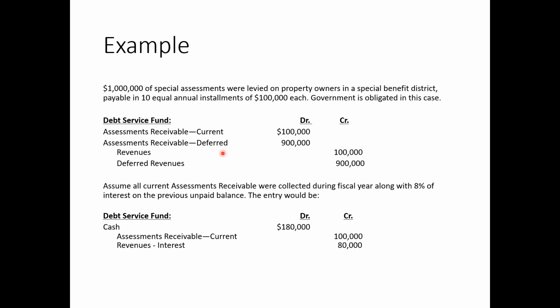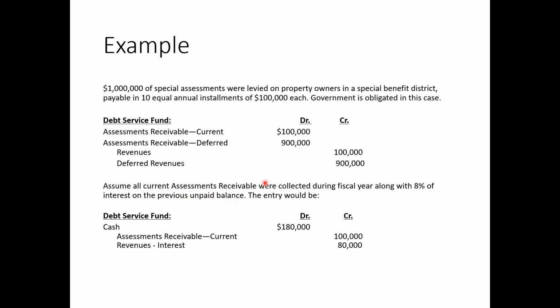And because we're using modified accrual basis accounting, only the current part will be recognized as revenues, and all the deferred part will be deferred revenues. So we credit revenues 100,000 and credit deferred revenues $900,000. When the first assessment is collected, the government also applies 8% interest on the outstanding unpaid balance.